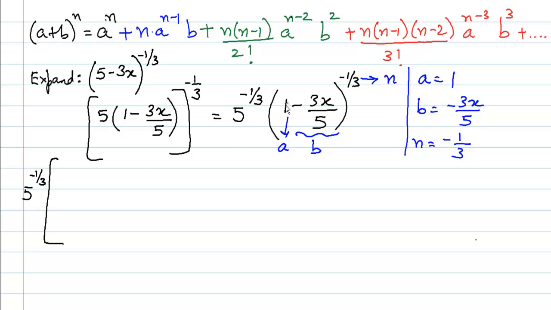So we have 1 raised to minus 1 upon 3, plus n into a raised to n minus 1 into b. So plus n is minus 1 upon 3, into a raised to n minus 1. A is 1, raised to n minus 1, minus 1 upon 3 minus 1.